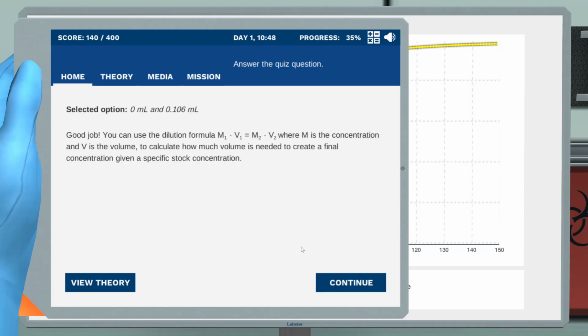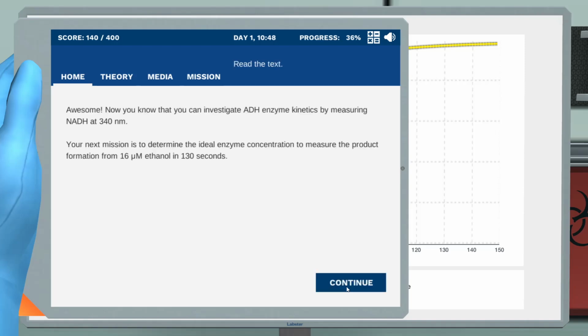Good job! You can use the dilution formula M1 multiplied by V1 equals M2 multiplied by V2, where M is the concentration and V is the volume, to calculate how much volume is needed to create a final concentration given.